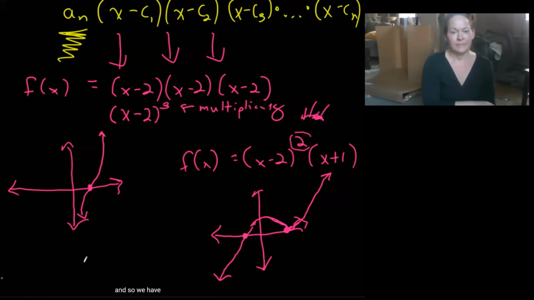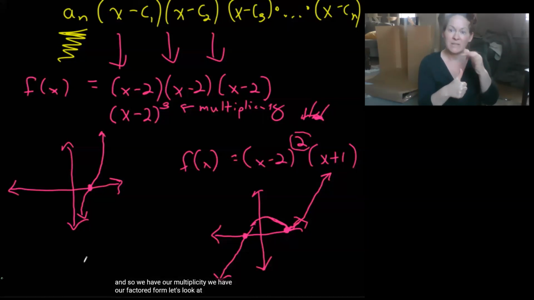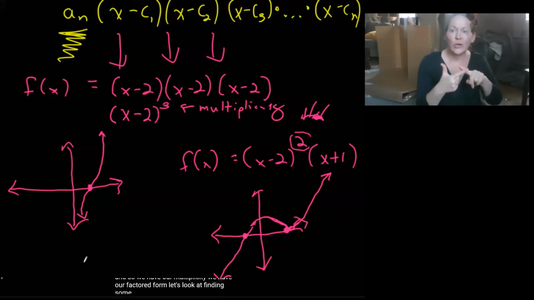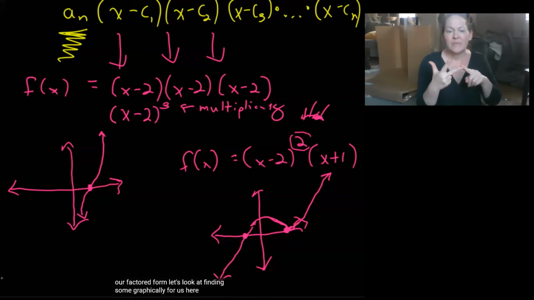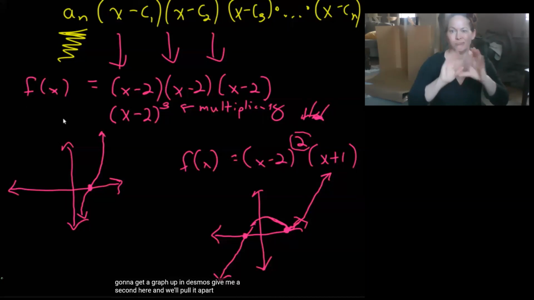And so we have our multiplicity, we have our factored form. Let's look at finding some graphically for us here. So I'm going to get a graph up in Desmos. Give me a second here, and we'll pull it apart.